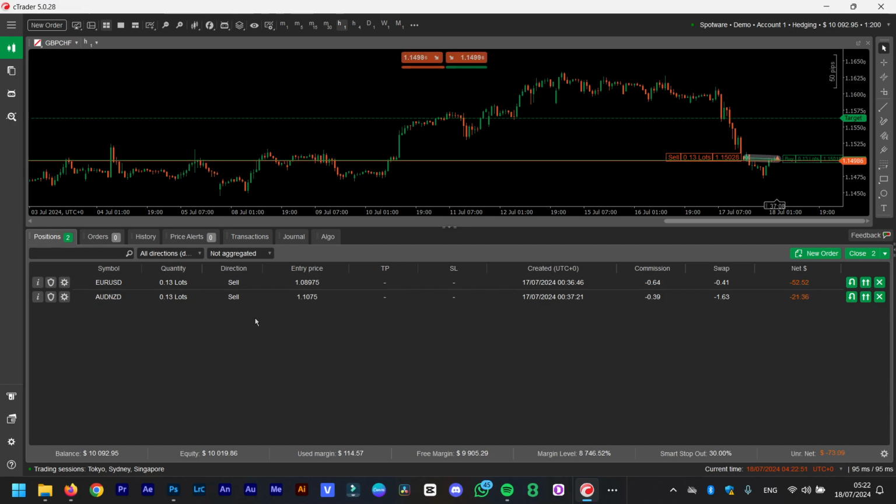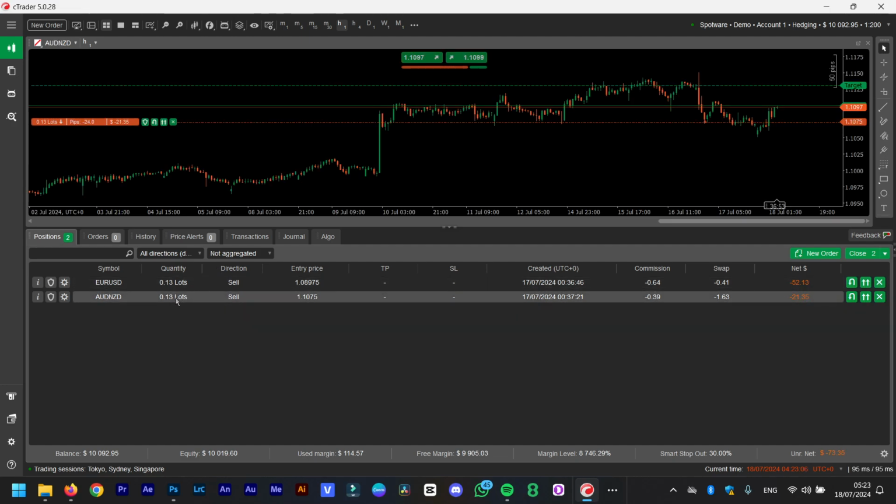I don't know exactly how I'm gonna be doing this, but something like this. So for me to trade GBPCHF in this account, instead of using the same lot size, I'm gonna have to decrease it. Instead of using 0.13, I might use 0.06 or 0.05, 0.04, to decrease that swapping and maintain a high margin to let the chart move. That's pretty much what I'm trying to do here.